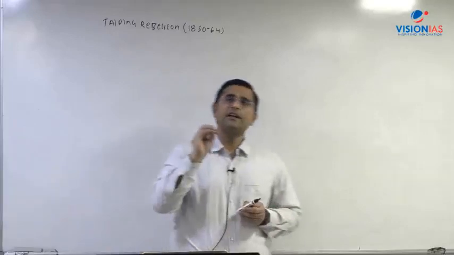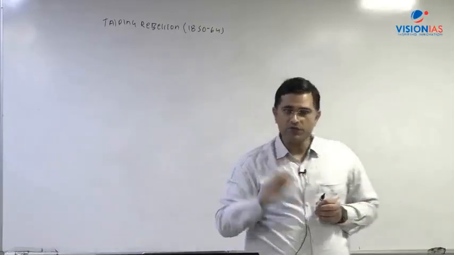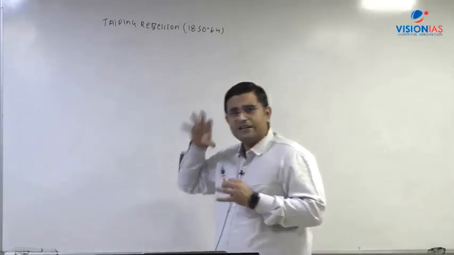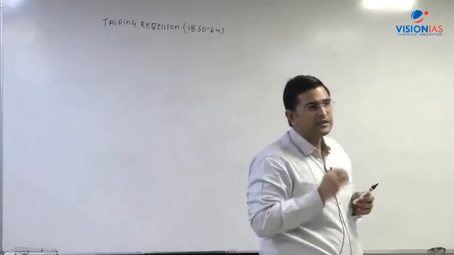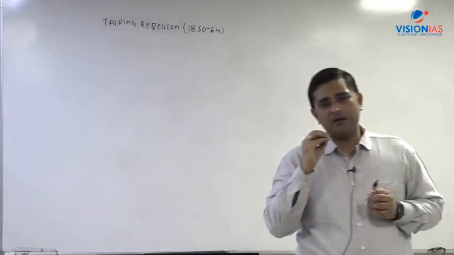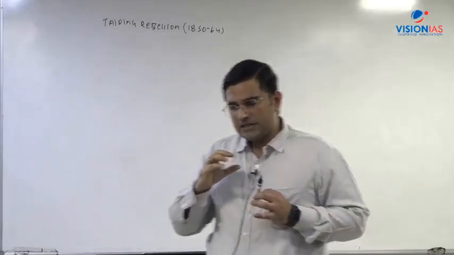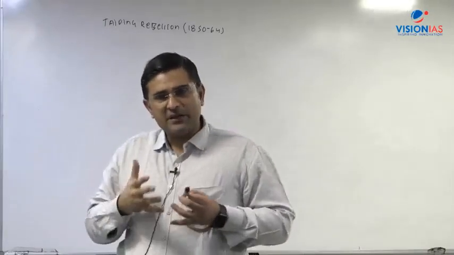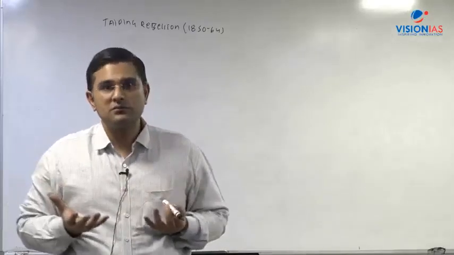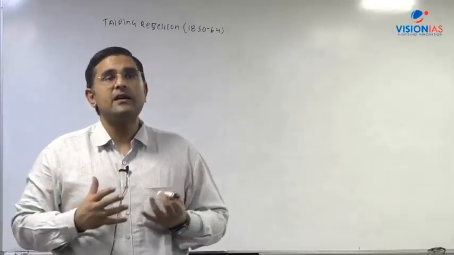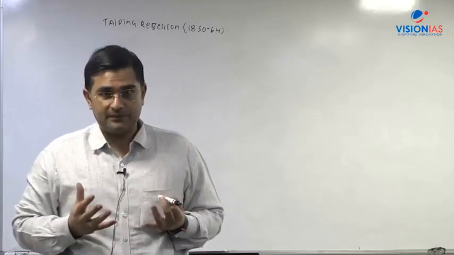Taiping Rebellion, 1850 to 64. What was it? This was basically an internal problem of China, but it represents something. During the Taiping Rebellion, the Chinese Christians wanted to overthrow the Manchu dynasty and establish their own kingdom, a kingdom which would have Christianity as its religion.